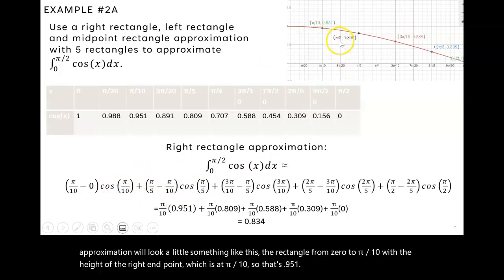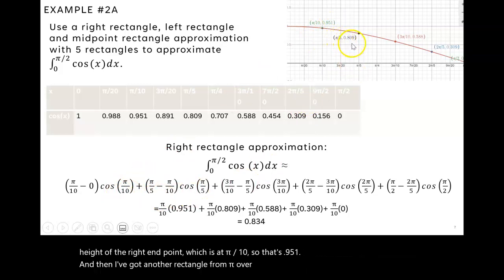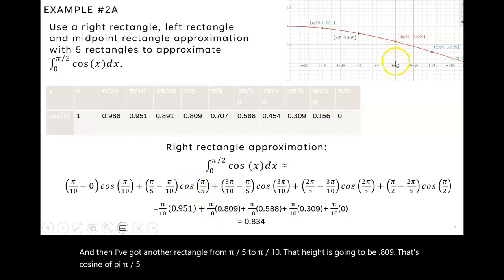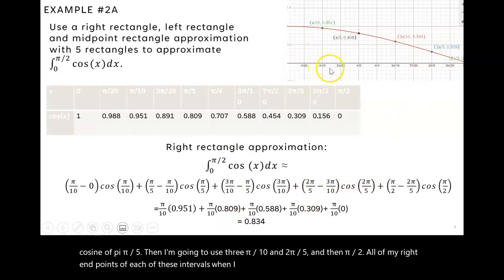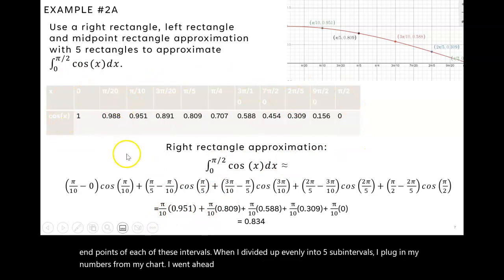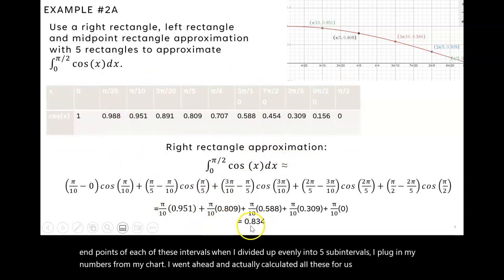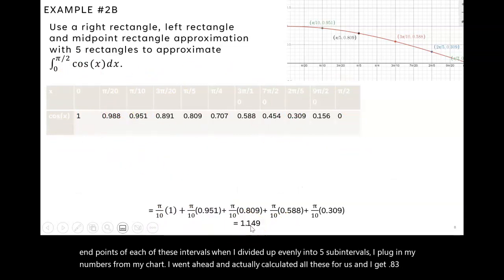And then I've got another rectangle from pi over 10 to pi over 5. That height is going to be 0.809. That's cosine of pi over 5. Then I'm going to use 3 pi over 10 and 2 pi over 5, and then pi over 2, all of my right endpoints of each of these intervals when I divided up evenly into 5 subintervals. I plug in my numbers from my chart. I went ahead and actually calculated all these for us, and I get 0.834.